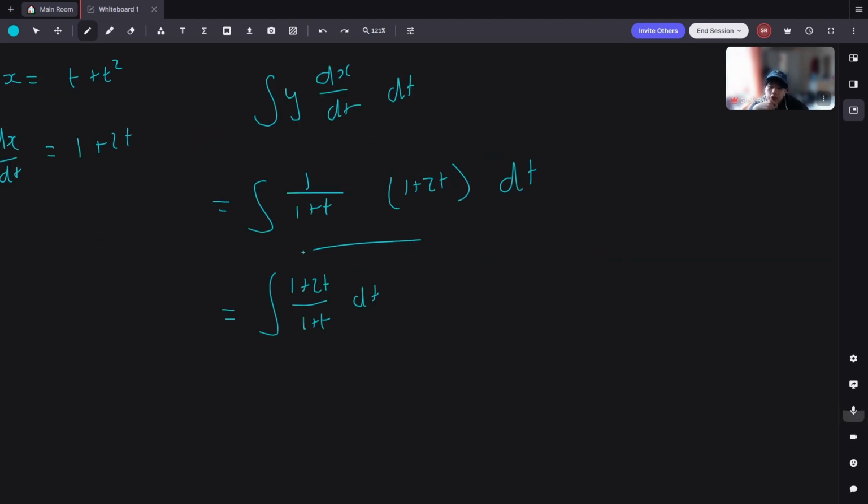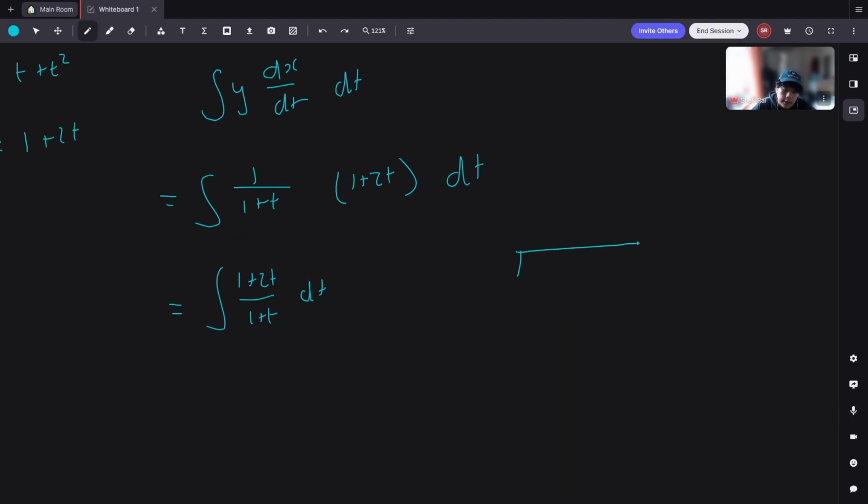We can't split the numerator here, and we can't split the denominator here, so we need to utilize algebraic division. This is 1 plus t at the bottom and 1 plus 2t in the middle. You need to be a bit careful here, because what we're trying to get rid of isn't the 1, but the 2t. So we need to multiply by 2. This becomes 2 plus 2t, and we get minus 1 left behind.